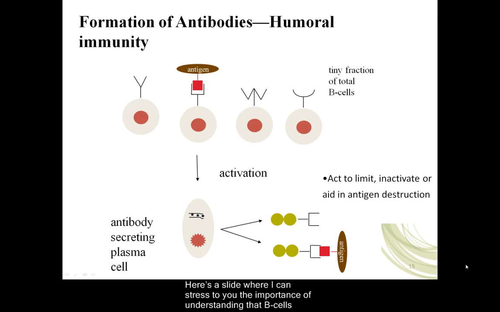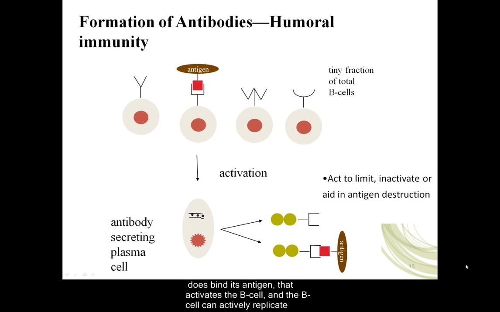Here's a slide where I can stress to you the importance of understanding that B cells can only recognize one particular antigen. Shown at the top of the slide are 4 B cells with an integral protein shaped differently in each cell. You'll notice that only the one B cell that is square-shaped can recognize this square antigen.